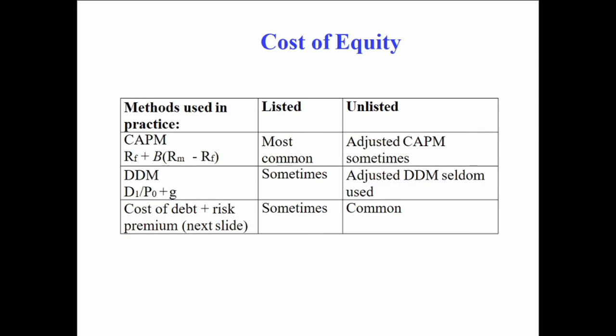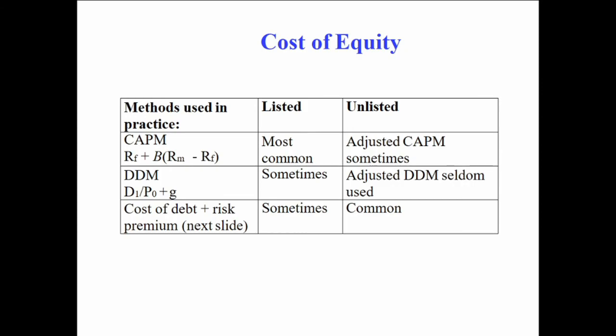The risk premium we are adding is not the same as the risk-free rate. One of the reasons why management likes using the cost of debt plus risk premium to determine the cost of equity is that there is a certain amount of confidence. The bond yield and interest rates are set by external forces to the firm.